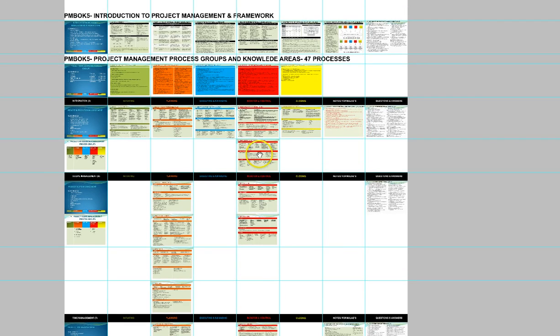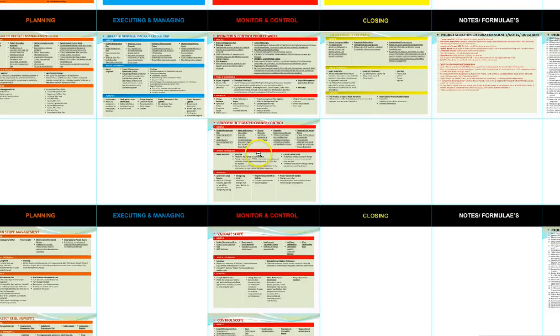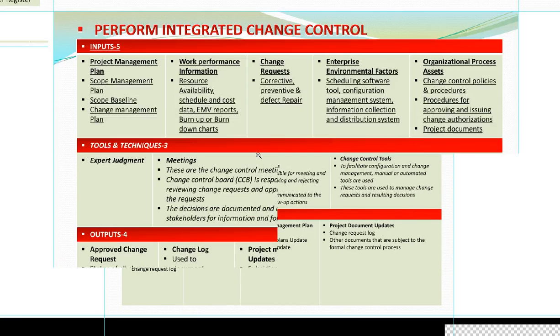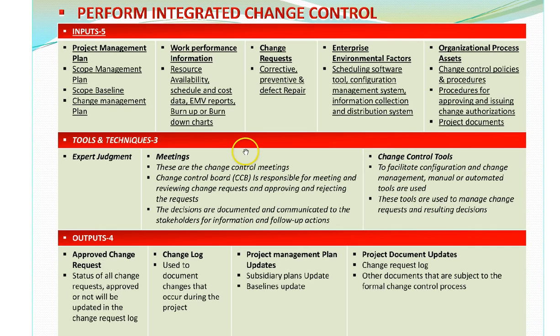Okay, so let's go to perform integrated change control, and this will show you how the change is implemented. What are the tools and techniques needed to implement these changes?